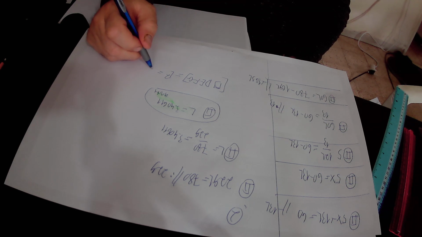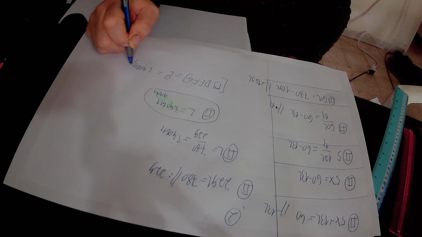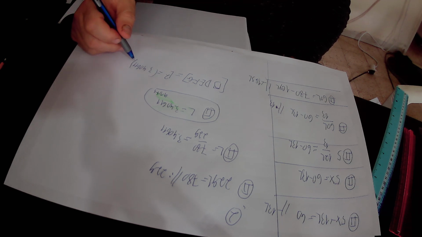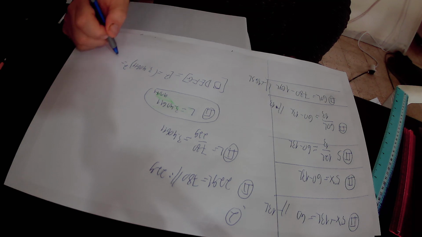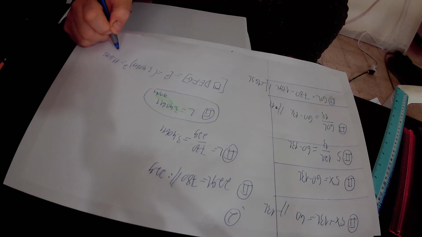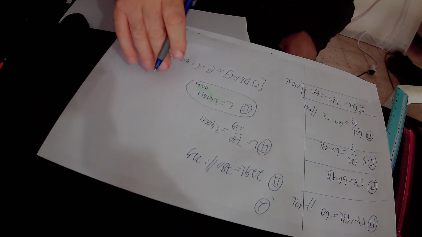And L is 3.40611, therefore L squared is 3.40611 squared, and 3.40611 squared equals 11.6016 square units.